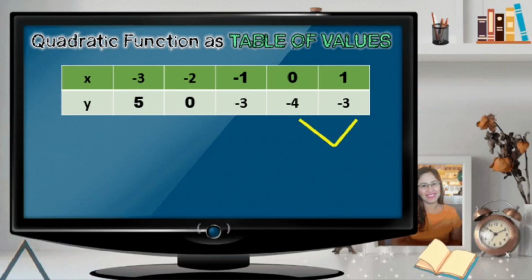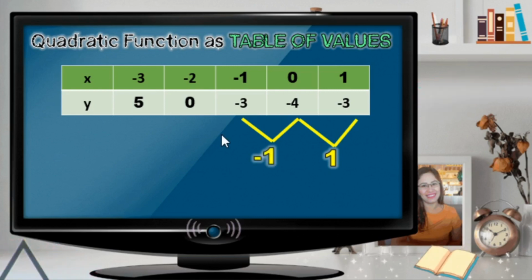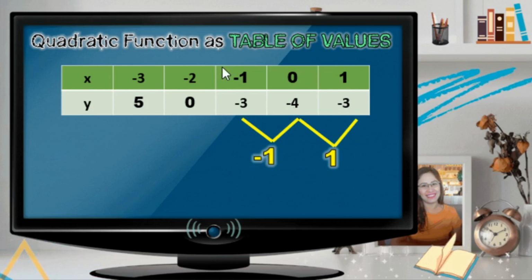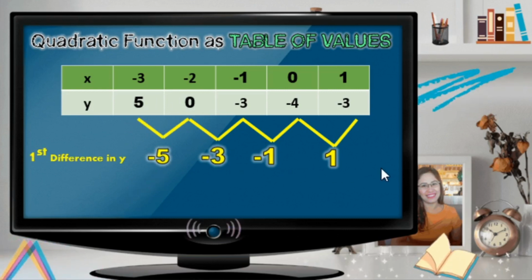Negative 3 minus negative 4, we have 1. Negative 4 minus negative 3, we have negative 1. Negative 3 minus 0, we have negative 3. 0 minus 5, we have negative 5. This is again the first difference in y.